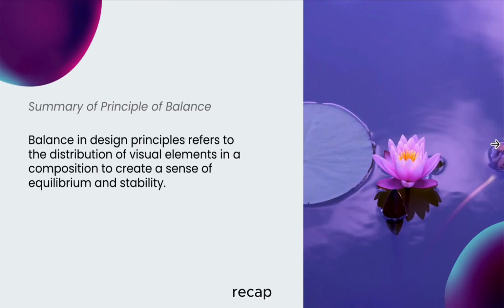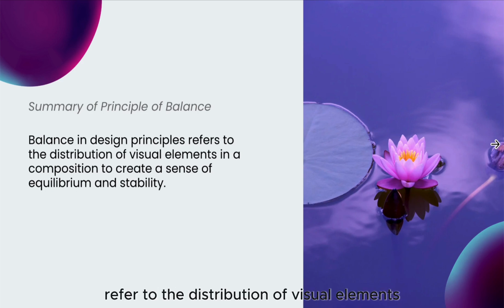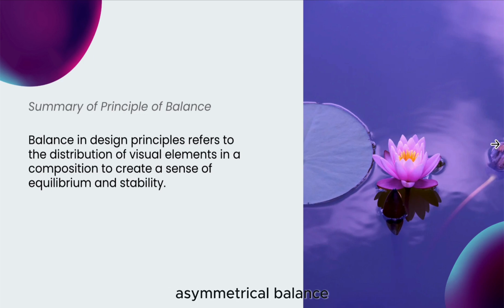Now let's quickly recap the first principle we discussed in the last class, which is balance. We discussed that balance in design refers to the distribution of visual elements in a composition to create a sense of equilibrium and stability. There are different types of balance: symmetrical balance, asymmetrical balance, vertical balance, horizontal balance, visual weight, radial balance, and color balance.